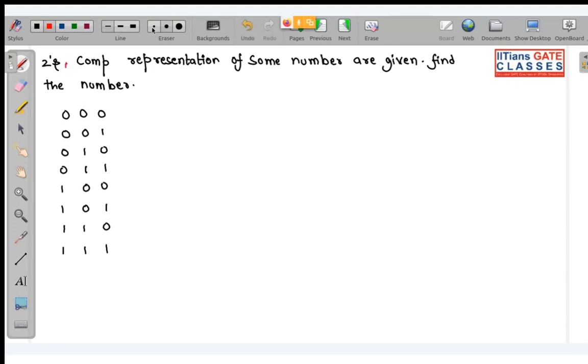This is 2's complement sign magnitude representation of some numbers. Find the original number. Very quickly find me the numbers. See if we are getting the same thing or if there are some changes.